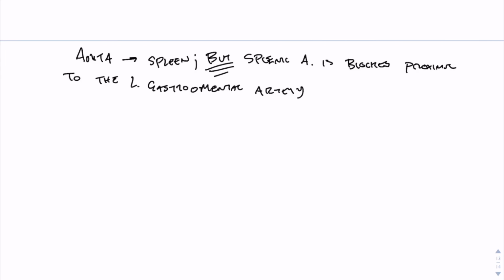Okay, we want to go to the spleen, but the splenic artery is blocked proximal to the left gastro-omental artery, and then we're going to go back to the heart.